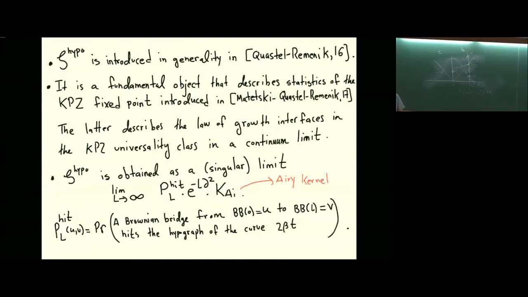You want to compute the transition density of a Brownian bridge to go from here to here, while hitting the hypograph. The hypograph is everything that lies below the graph. If V is below the hypograph, there is nothing to compute. But if V is above the hypograph, then you have to compute something.